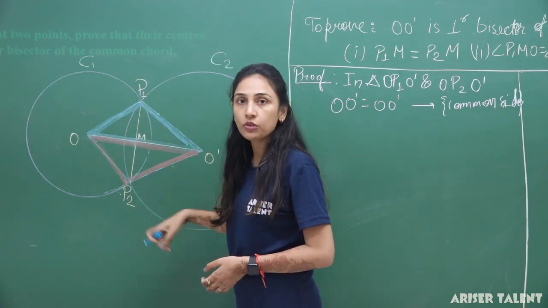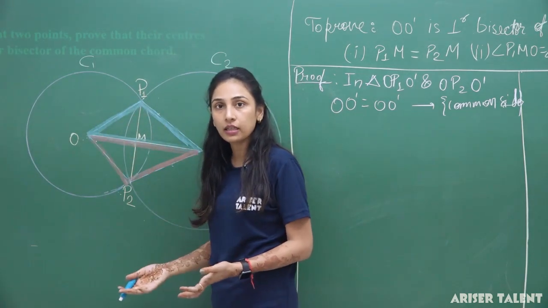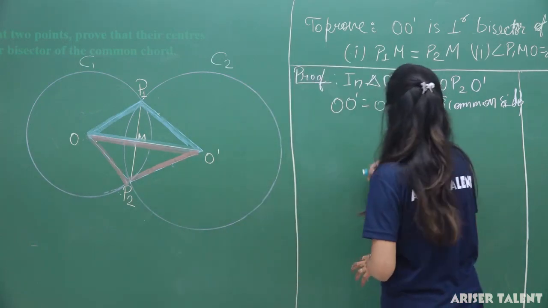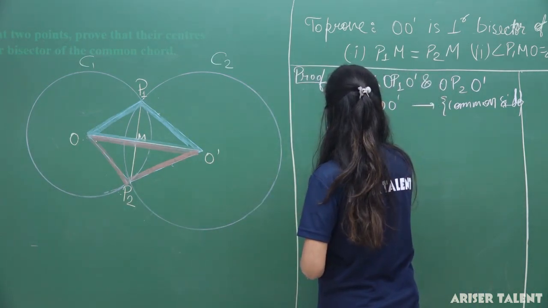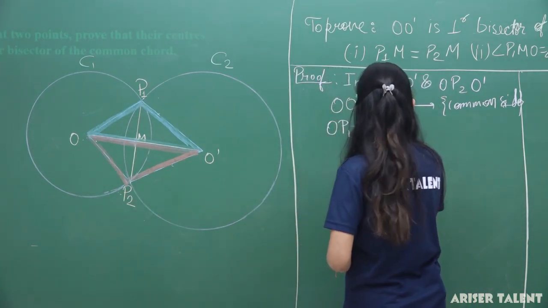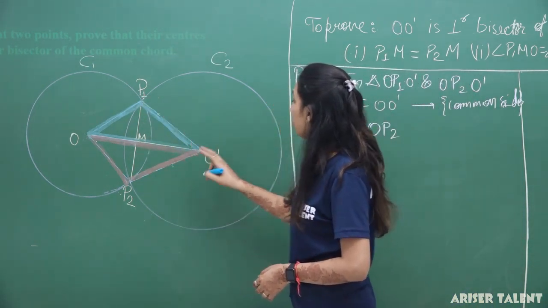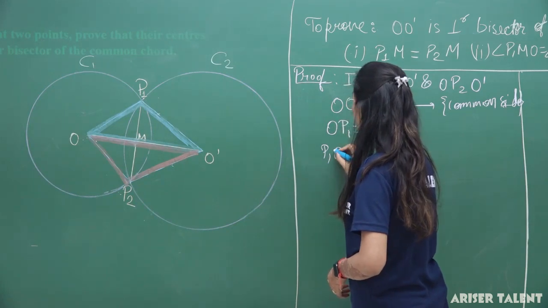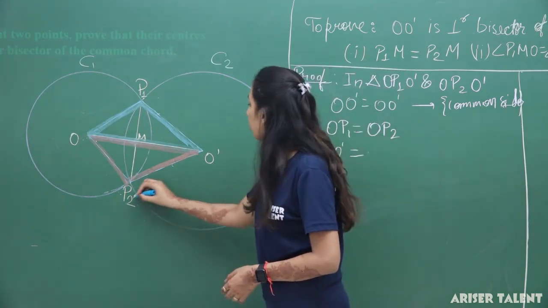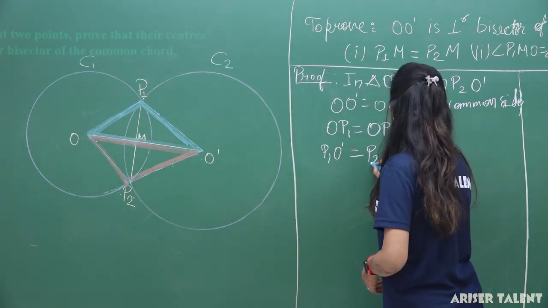Why? Because they are radii of the circle. Similarly, P1O' equals P2O'.